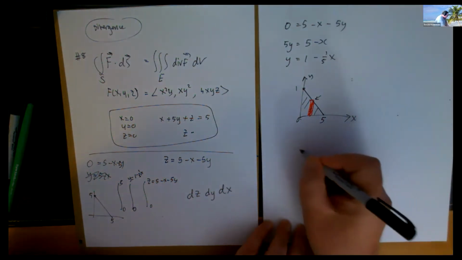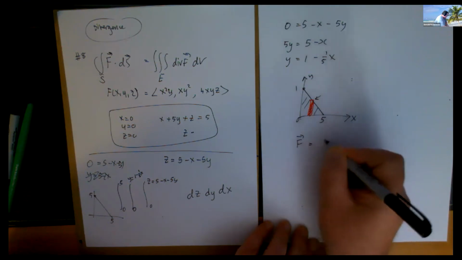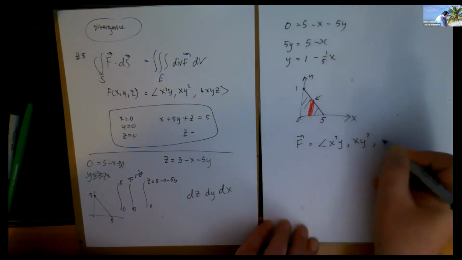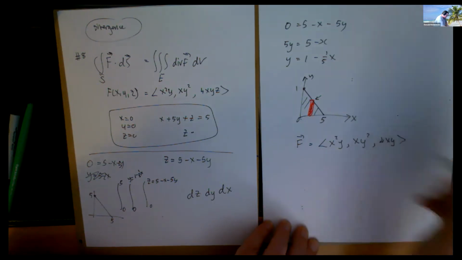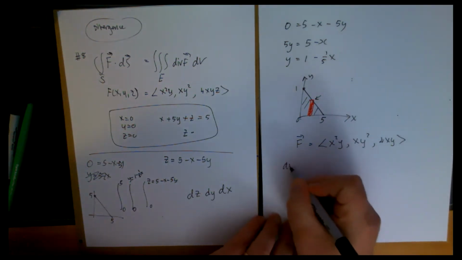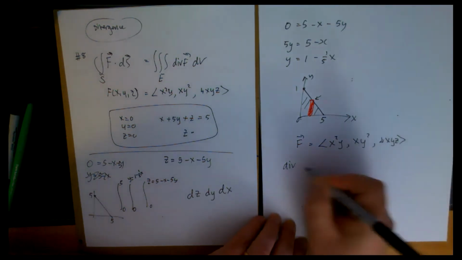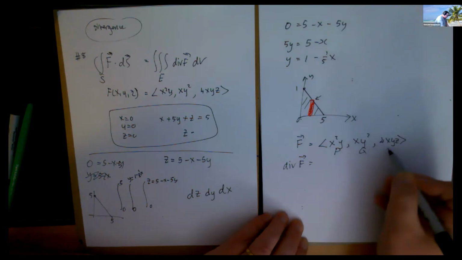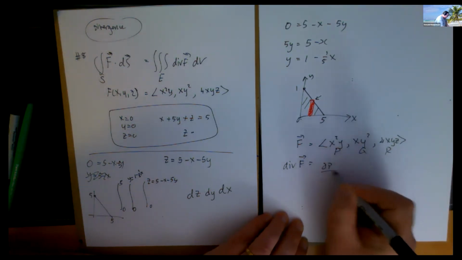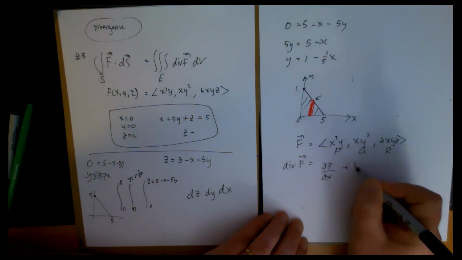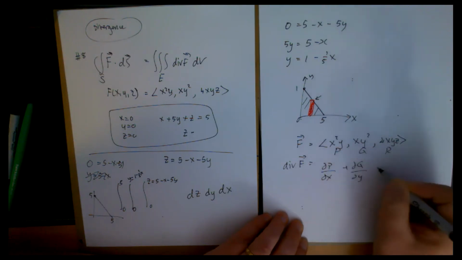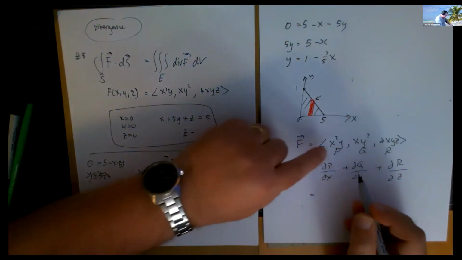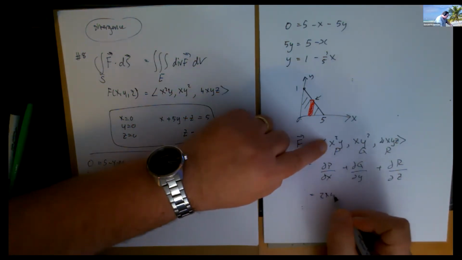Well, we've got a function F, and I don't see how this is going to cause trouble. This is P, this is Q, this is R. If you differentiate this with respect to x, you get 2xy.